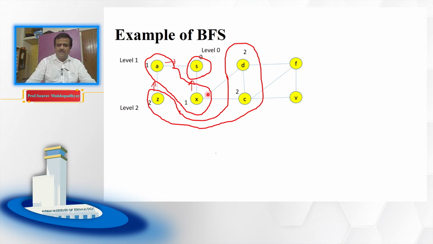The previous label was 1, so this will be label 2. Similarly this vertex, and we have a parent pointer also. So, the parent of this vertex is this one, and the parent of this vertex is this one.